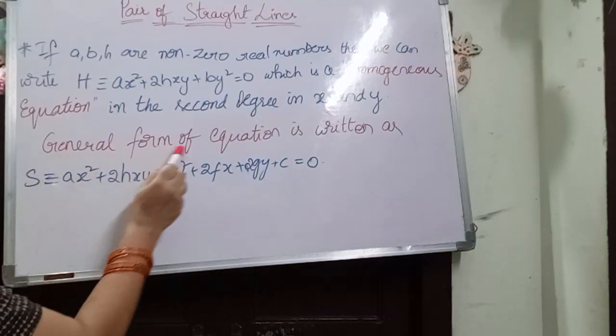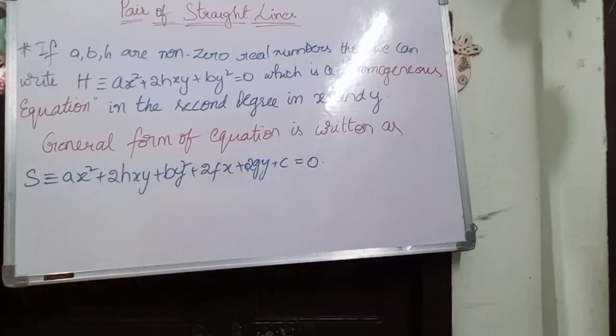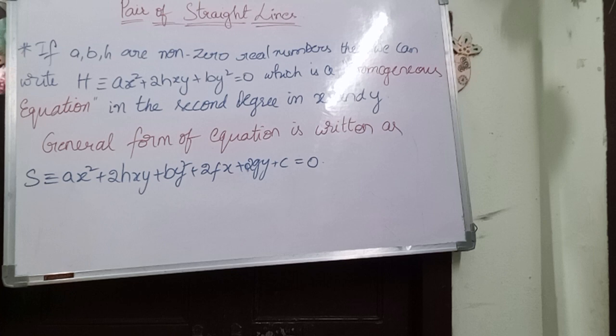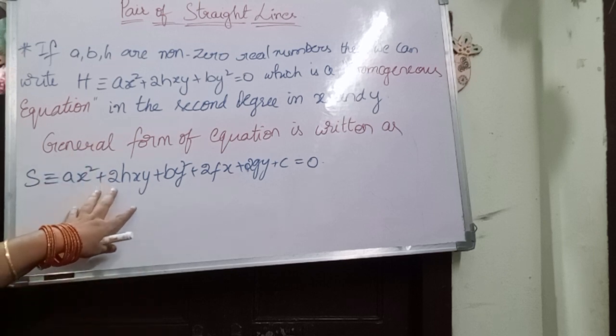And how do we give the general form? Before, for a straight line, we had the general form a1x plus b1y plus c1 equals 0. In the pair of straight lines, we have two straight lines, so how do we write the general form of the equation?